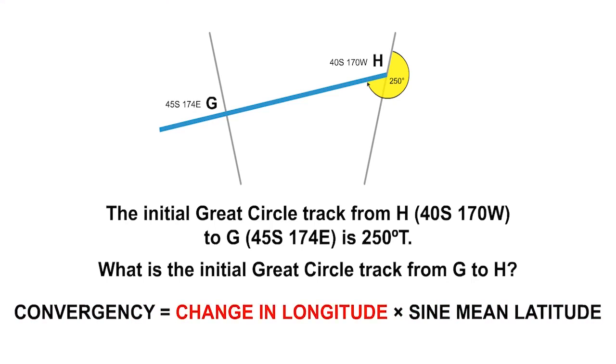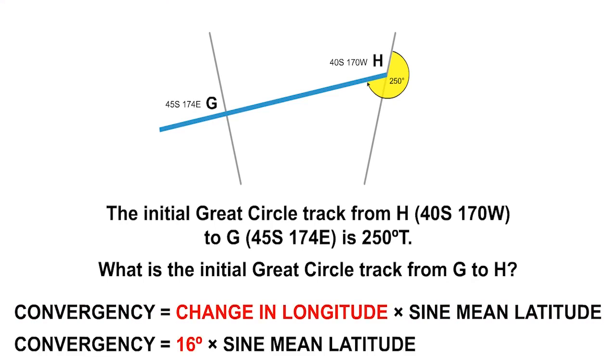We know the change of longitude. It's 16 degrees. We know the mean latitude. It's 42.5 south. Now use a calculator to work out the convergency. You find that the convergency is 10.8 degrees.